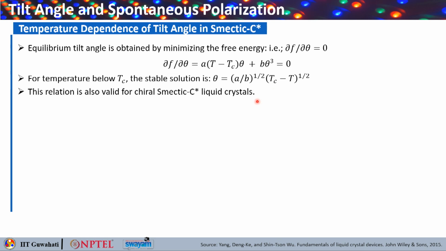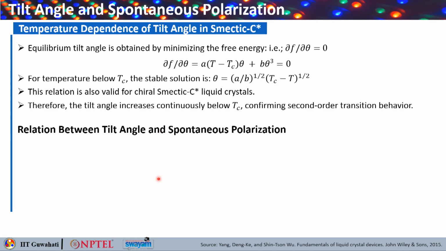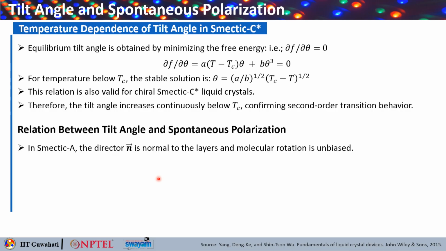This relationship is also valid for chiral smectic C star liquid crystals. Therefore, the tilt angle increases continuously below Tc, confirming a second order transition behavior. Now, what is the relationship between this tilt angle and the spontaneous polarization?